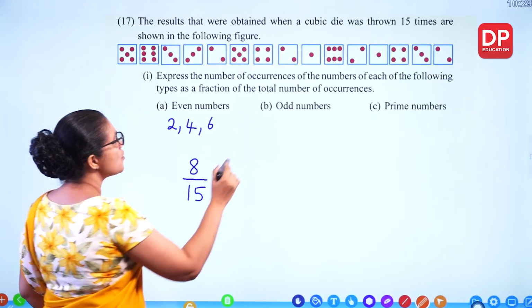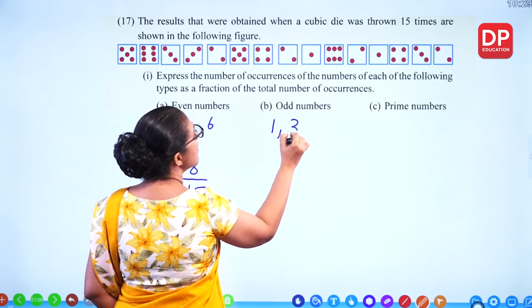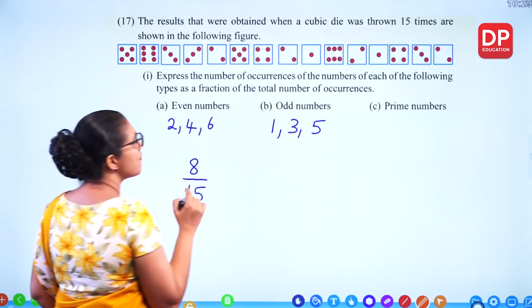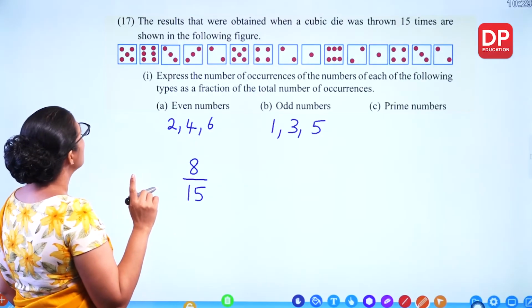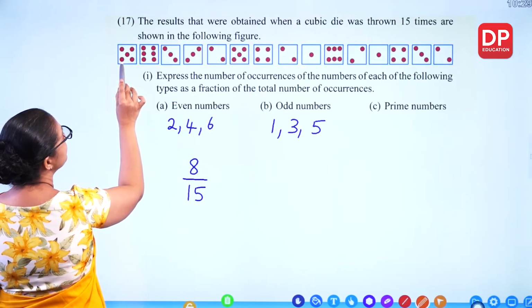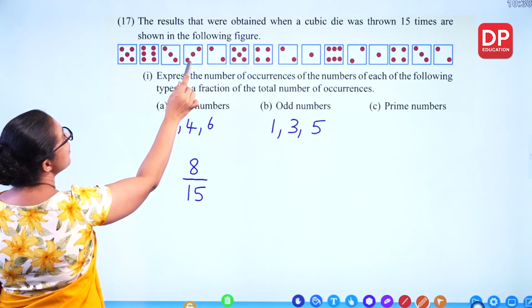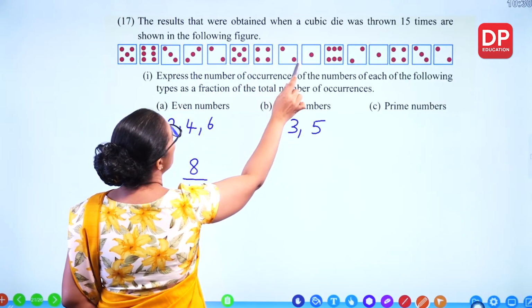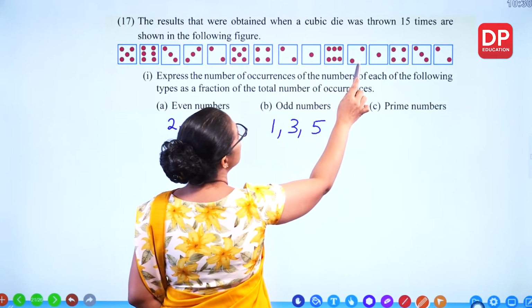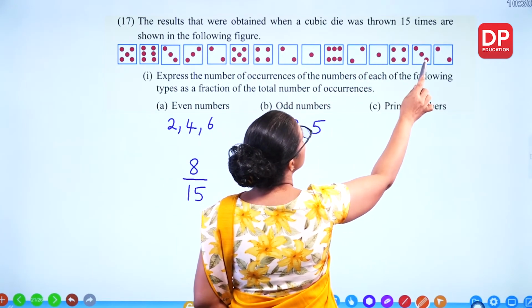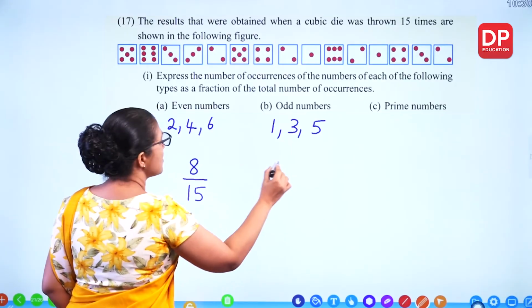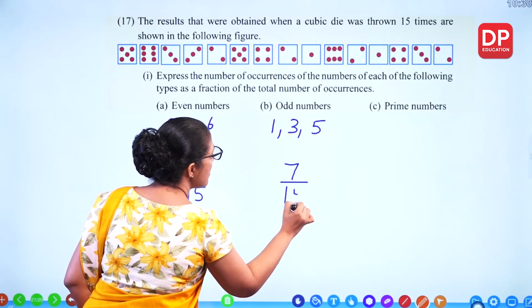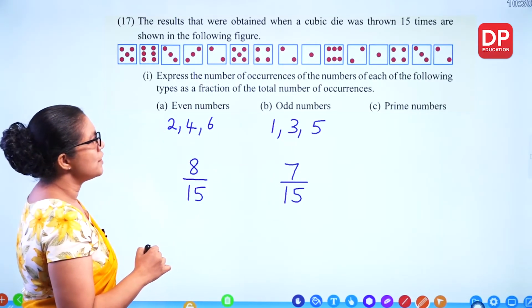What are the odd numbers you can get? 1, 3, 5. So what are the possibilities? 1, 2, 3, 4, 5, 6, 7. 7 occurrences out of 15.